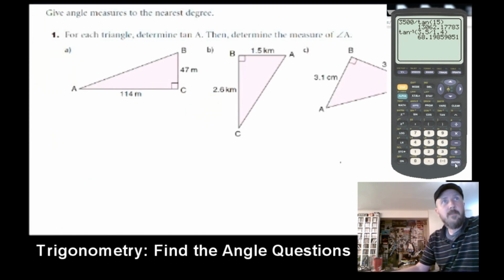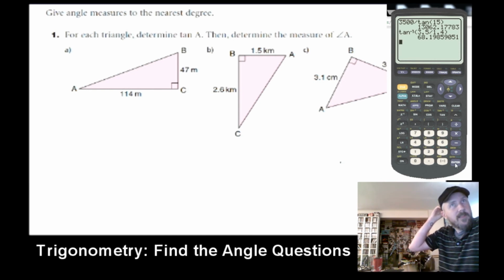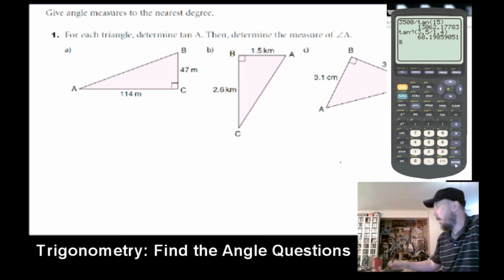So maybe we'll do one of these. Determine the measure of angle A. Okay, I'll do A just because I've got the most space with the calculator there. Let me find where I am.